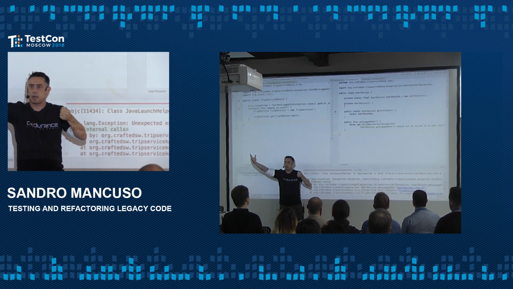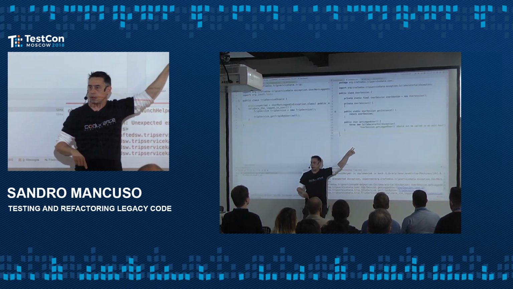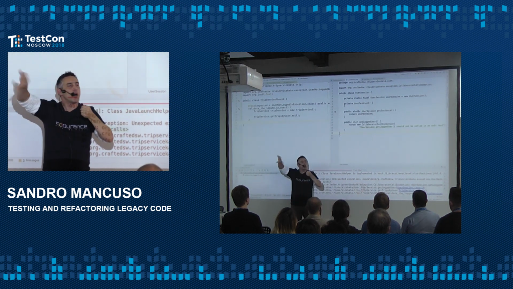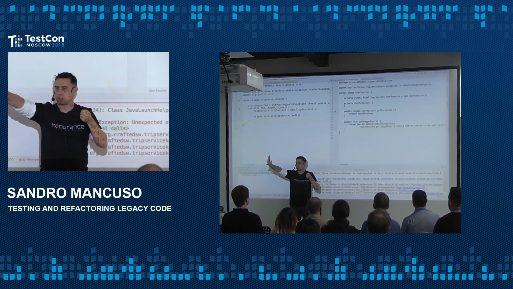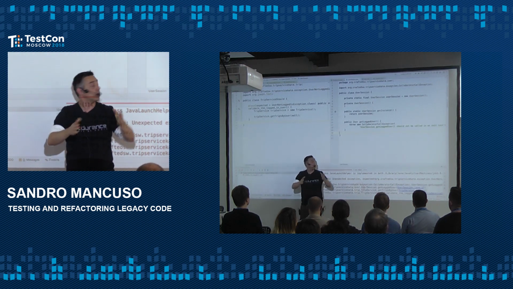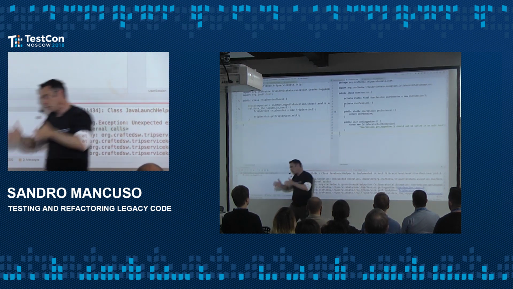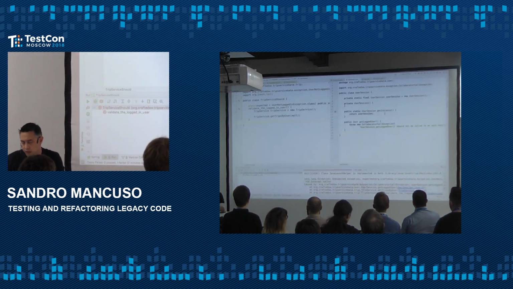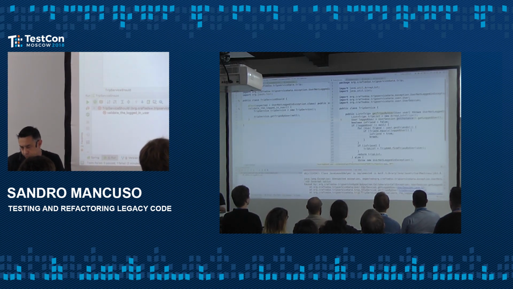And that breaks. But I don't want that to be called while I'm testing the trip service class. I want to kind of mock. I want to isolate the trip service out, so I just focus on one class. So this is my first challenge with the legacy code.